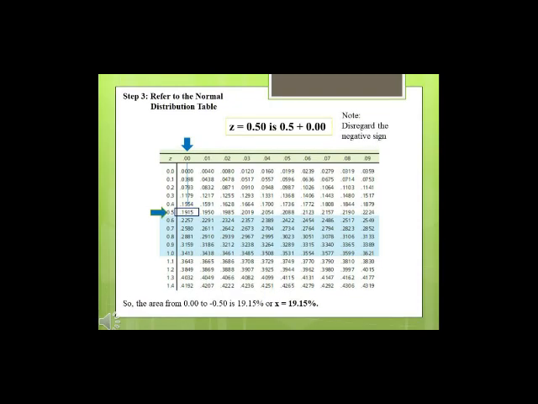Now use the normal distribution table to find the area from 0 to minus 0.50. As shown in the illustration, the area is 0.1915, or 19.15%. Hence, X is equal to 19.15%.